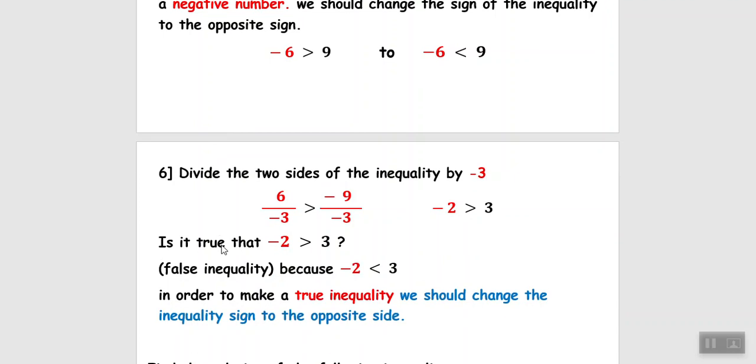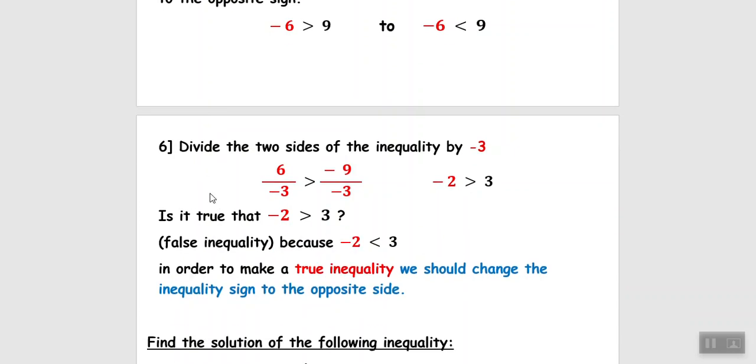The last one, if we divide the two sides of the inequality by negative 3, here the left side has 6. 6 divided by negative 3 equals negative 2. And on the right side, negative 9 divided by negative 3, negative divided by negative equals positive. 9 divided by 3 equals 3.